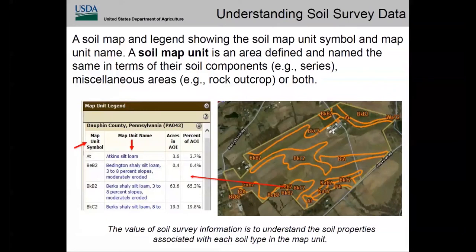So for example here, the soil polygon labeled BKB2, that's the map unit symbol, and it has a map unit name of Beddington, Shaley, Silt Loam, 3 to 8% slopes, moderately eroded. So what does this mean? Well, you can hit on the map unit name and we can get more information.